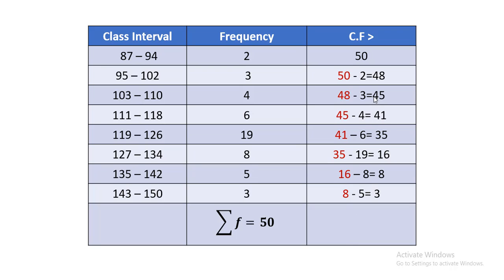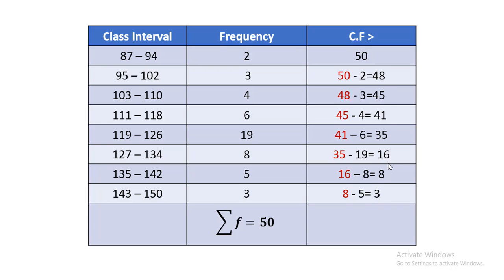Then 45 minus preceding frequency 4 is 41. 41 minus 6 is 35. 35 minus 19 is 16. 16 minus 8 is 8. 8 carried forward, 8 minus 5 equals 3. If you just go back, 3.